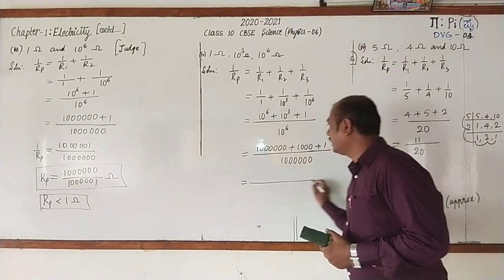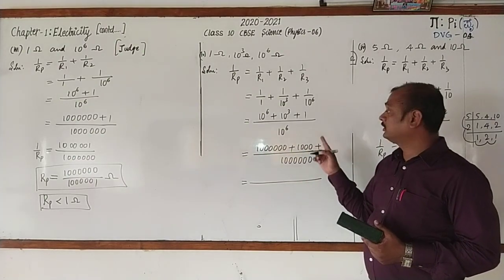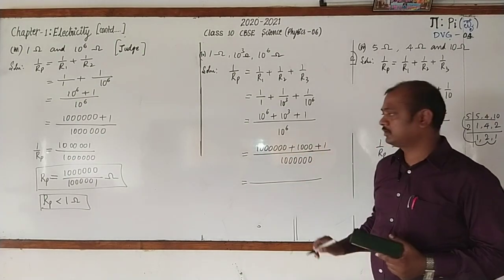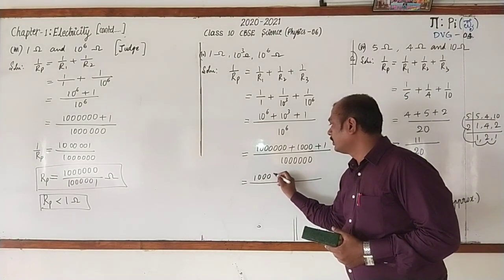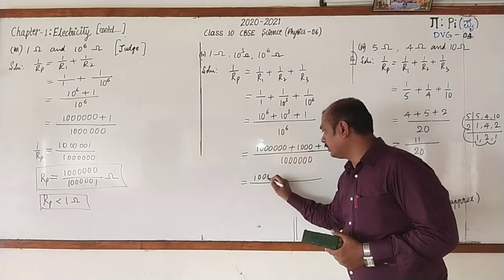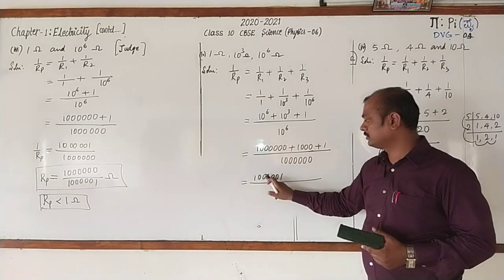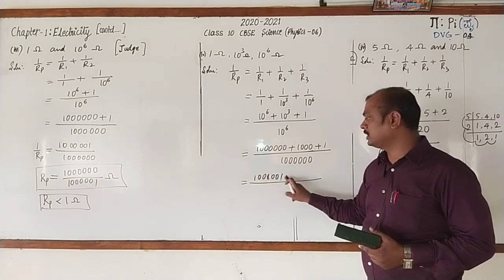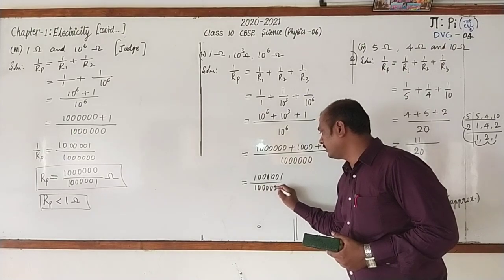Then go for adding them. See that 10 lakh plus 1000 plus 1 is 10 lakh 1001. Right? On adding you will get this one: 10 lakh 1001 divided by 10 lakh.